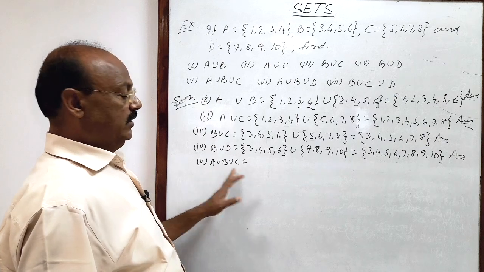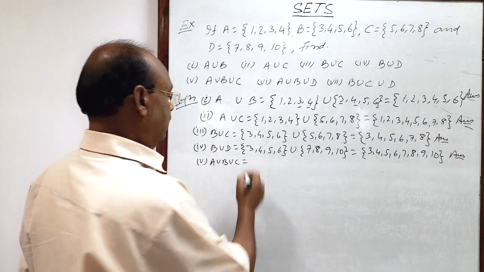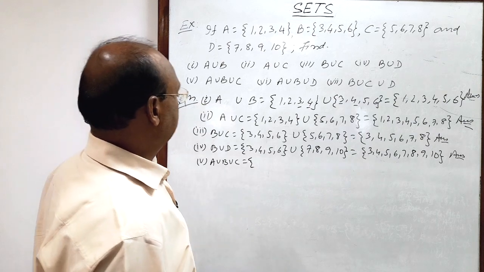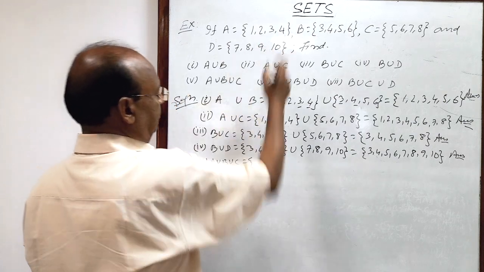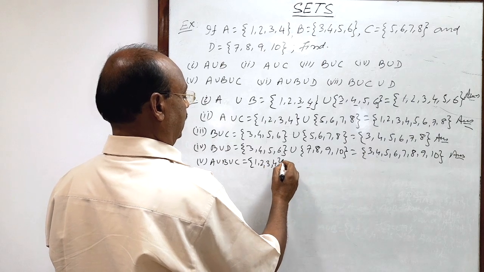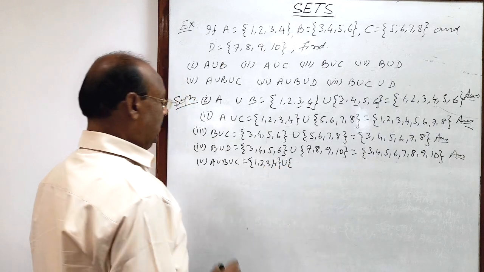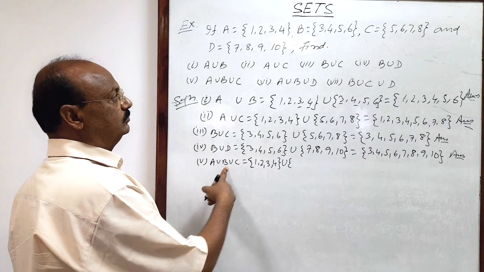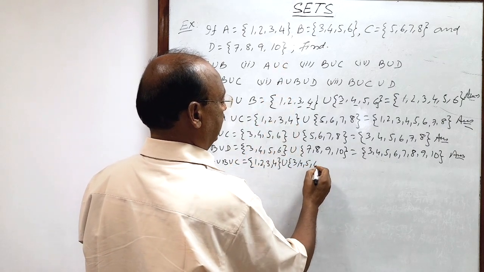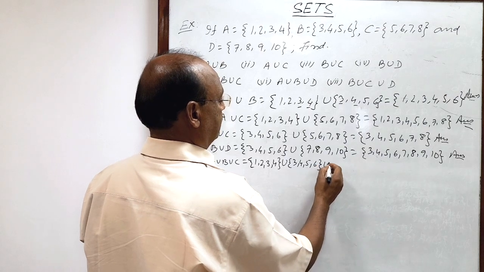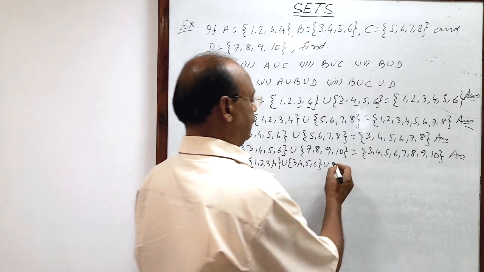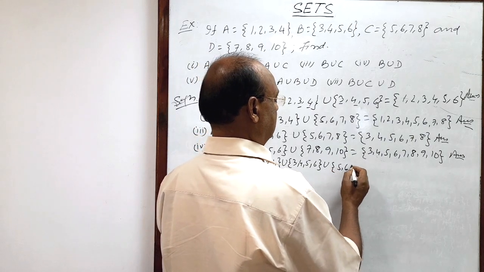And next, fifth, here we have to find A union B union C. We have to find union of three sets A, B and C. So let us write the elements of these sets. Set A is having elements 1, 2, 3, 4, set B is having elements 3, 4, 5, 6, and set C is having elements 5, 6, 7, 8.